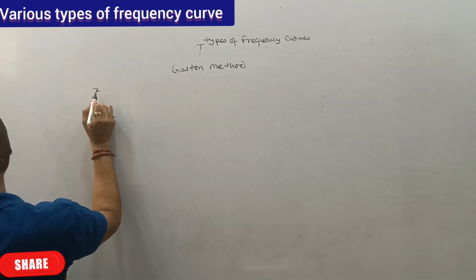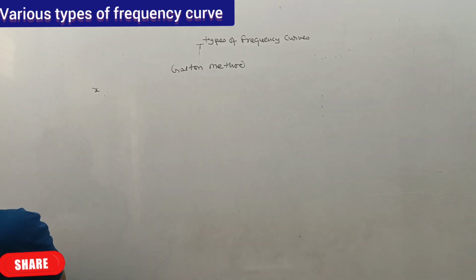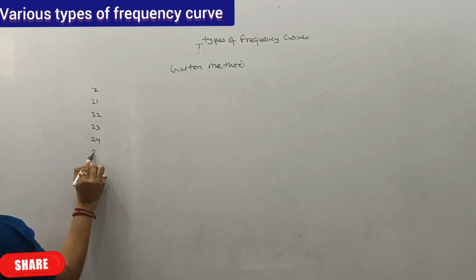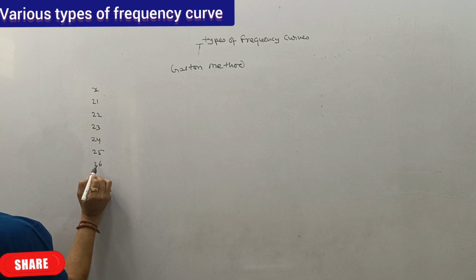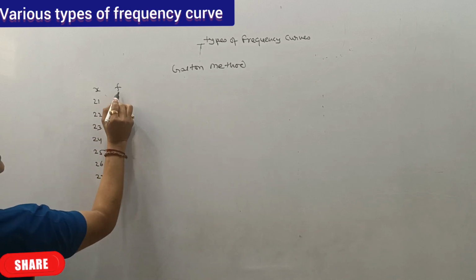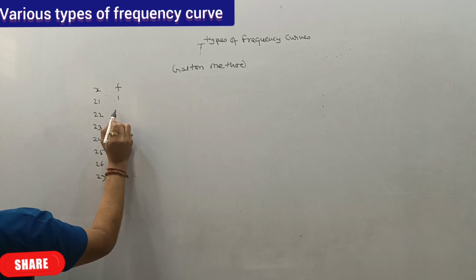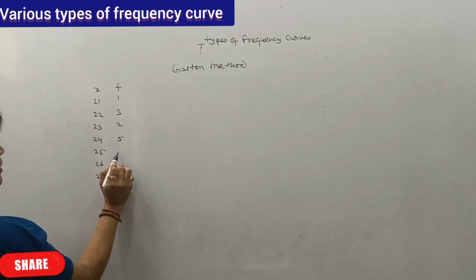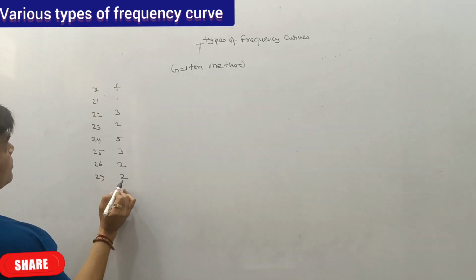X is given: 21, 22, 23, 24, 25, 26, 27. Frequency is given: 1, 3, 2, 5, 3, 2, 2.